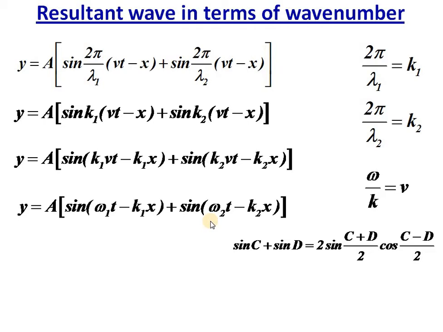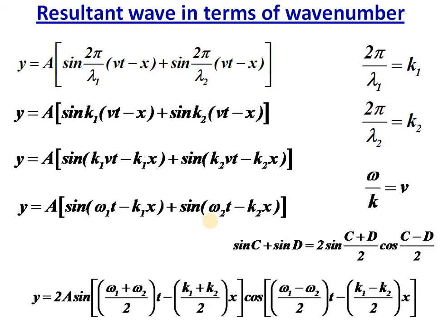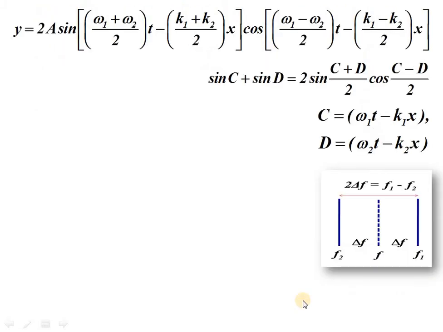Simple form. In terms of omegas and t's you can write the resultant wave. Again the sin a plus sin b form is taken, so you can convert the sum to product form. So we get a new expression, in which c plus d by 2 is written here, and c minus d by 2 is written here. Okay, we can again simplify them.